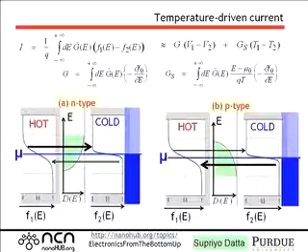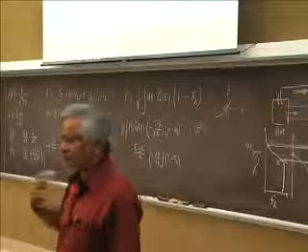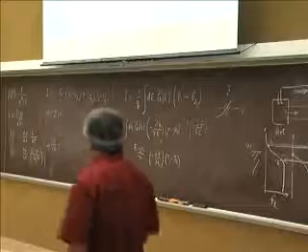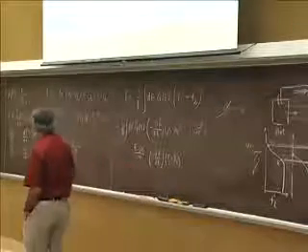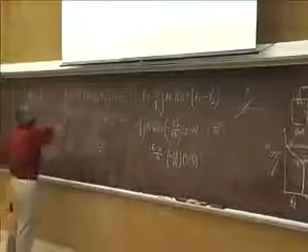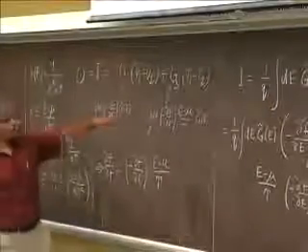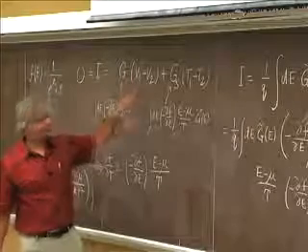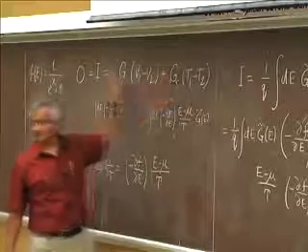And usually in thermoelectrics, the measured thing is this Seebeck coefficient. If you leave it open circuited, what voltage do you get? You leave this open circuited, so the current is 0. And then for a given temperature difference, how much voltage difference do I get? That is actually the ratio of this and this.